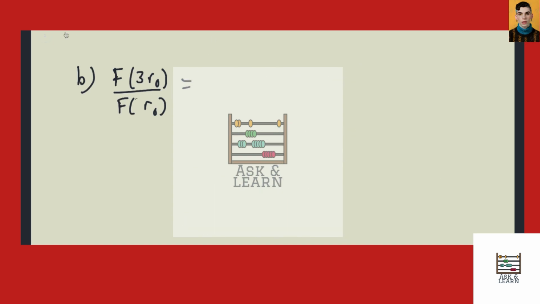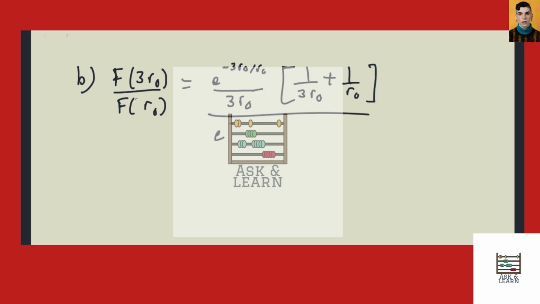And what we're left with is e to the minus 3 r naught over r naught, so that's just e to the minus 3, times 1 over 3 r naught plus 1 over r naught. Divided by e to the minus r naught over r naught, so e to the minus 1, times 1 over r naught plus 1 over r naught.